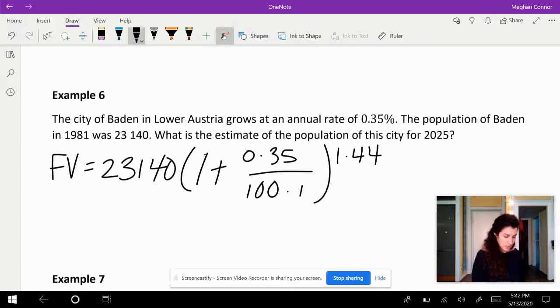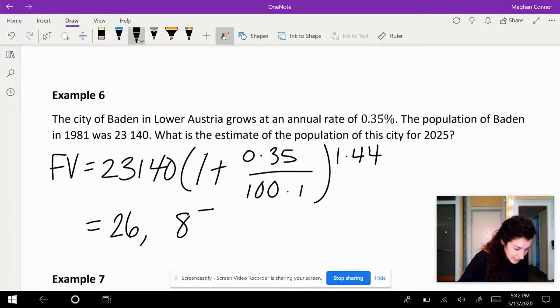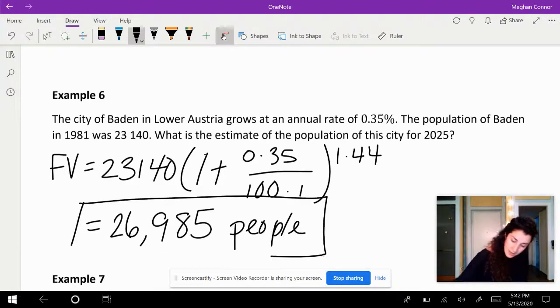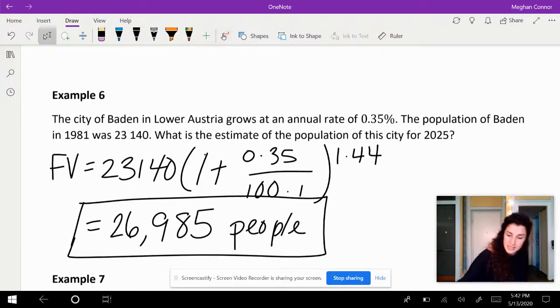Compoundings is still 1. So then now we get to go to the final value. And we get 26,985.34. We don't have a percentage of a person. So we will round accordingly, which is down.